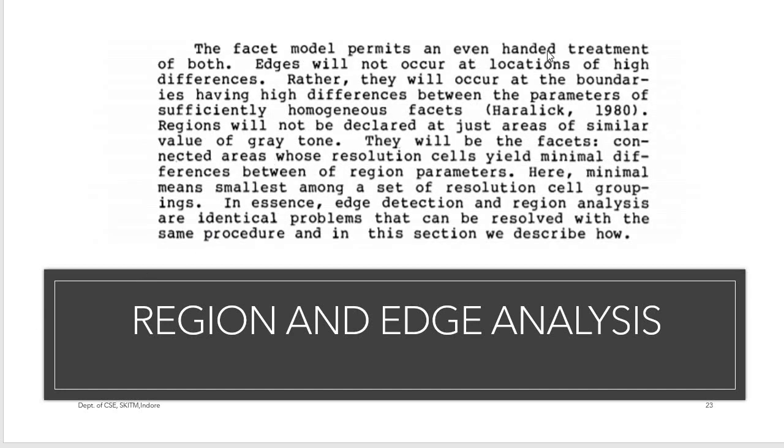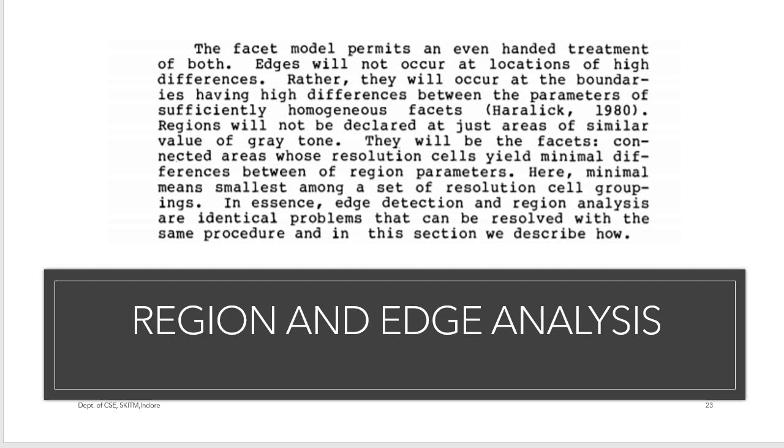The facet model permits an even-handed treatment of both. Edges will not occur at the location of high difference, rather they will occur at the boundary having high differences between the parameters of significantly homogeneous facets.